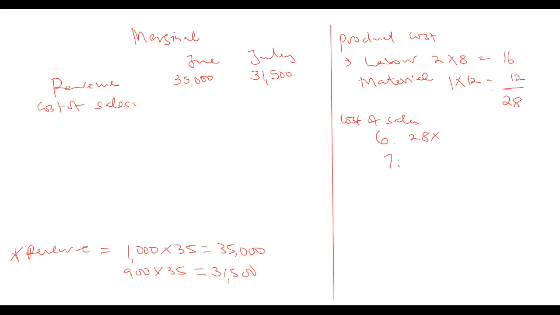At the beginning of the month of June, this company had 40 inventories already in store. The company produces 1,000 each month, so it's 28 multiplied by 1,000, which gives 28,000 in both cases, because it's 1,000 and 1,000 for each month.